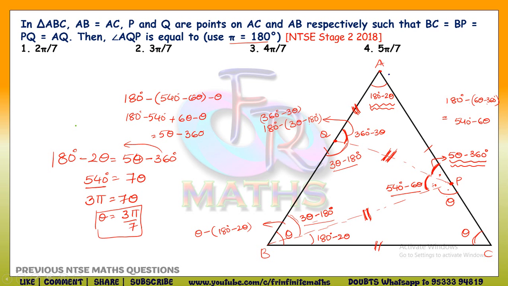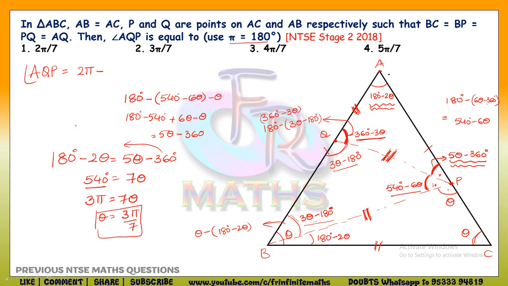But my question is to find out this particular angle, right? So what is this particular angle value? 360 degrees minus 3 theta. So finally the value of angle AQP is equal to 360 degrees, I can write it as 2 pi minus 3 theta.